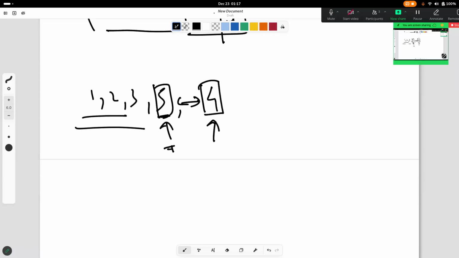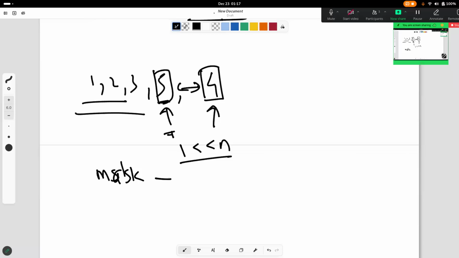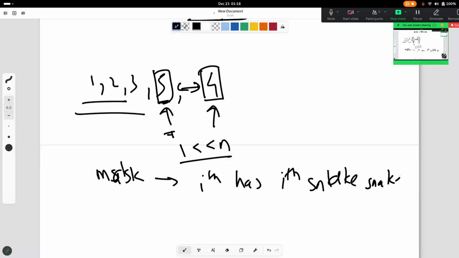And if you look at the whole thing, it's actually pointing to a solution where we maintain masks of the snakes that have been placed. So we can maintain a mask, an n-size integer, where the ith bit says whether the ith snake has been placed.